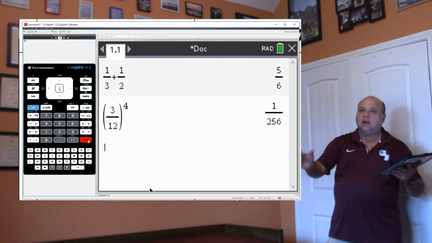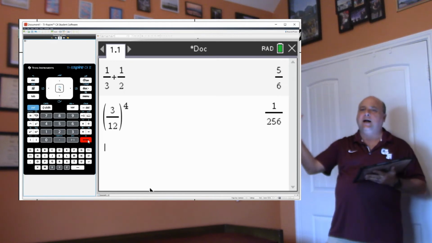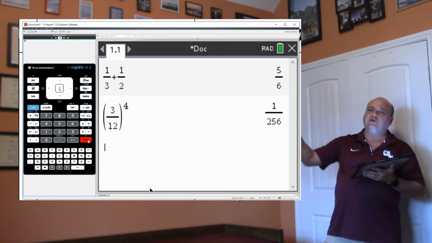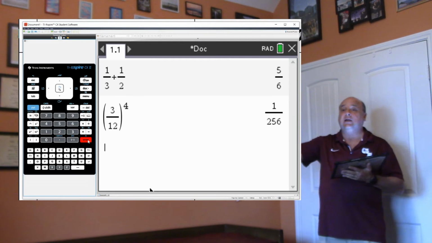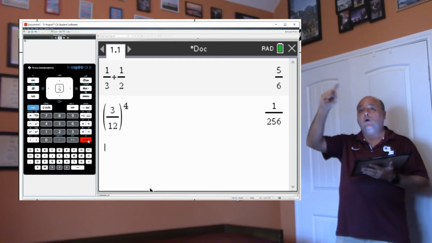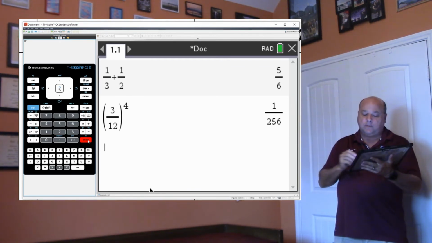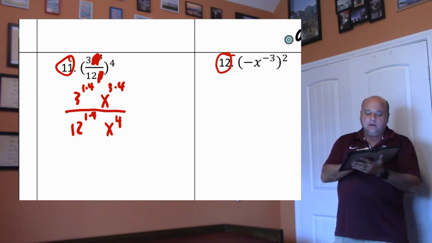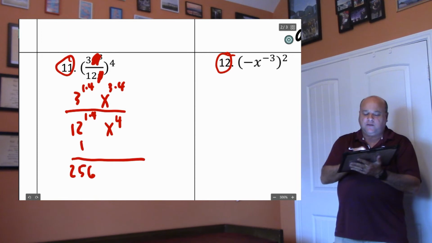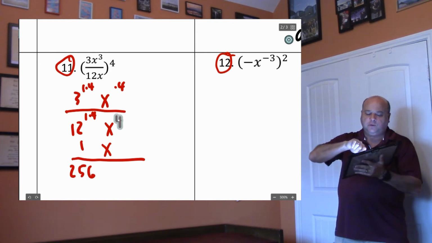Okay, so the calculator will do the numbers, but it will not do the letters. If you take the letters out and type the numbers in, you can get that number. So I know I'm going to have 1 over 256 for my number. So I'm going to draw a fraction bar, put 1 over 256, and then on the top I have x to the 12, and this is 3 times 4. I should put a 1 times 4 here.